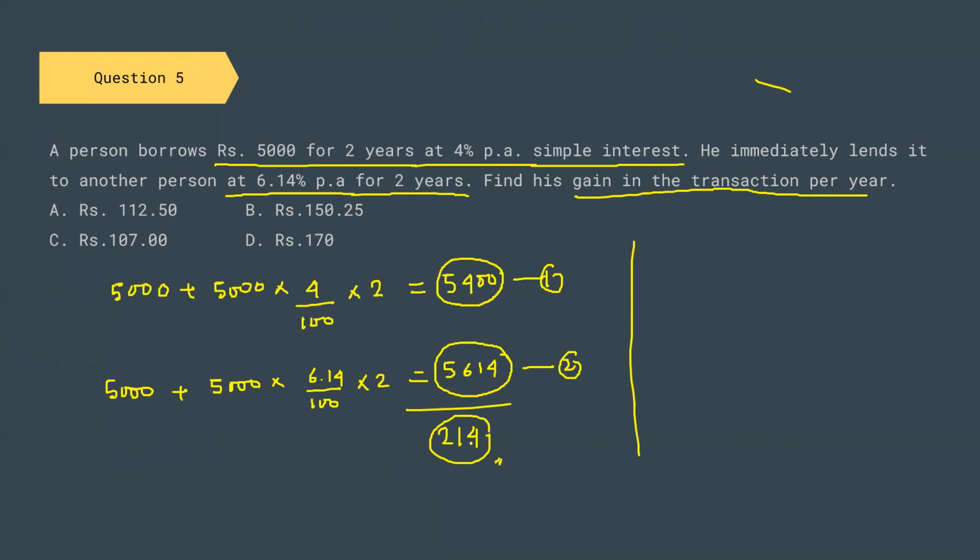He is earning 214 rupees in the course of 2 years, so the person is going to earn 214 divided by 2, that is 107 rupees per year. So the total gain is rupees 107.00. So I guess this was clear to you. This was an easy question.